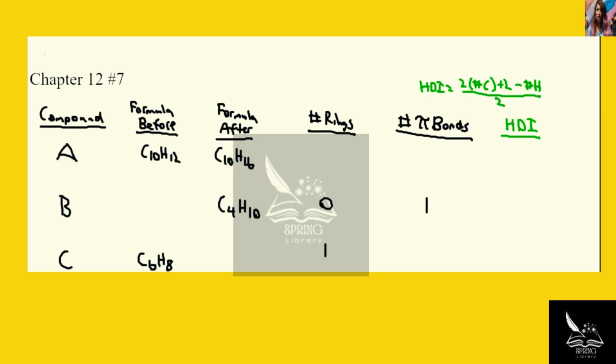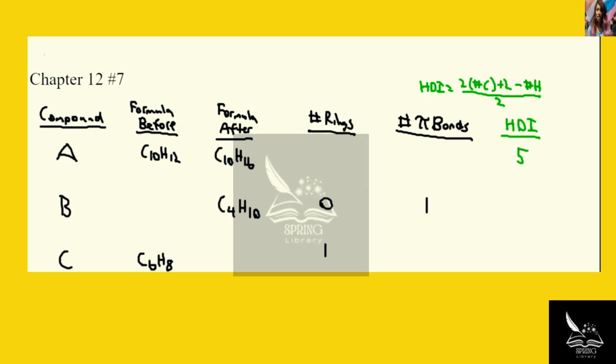So for A, we have 10 carbons and 12 hydrogens before hydrogenation. So that's 10 times 2 is 20, plus 2 is 22, minus 12 is 10, divided by 2 is 5. So our HDI for A is going to be 5.